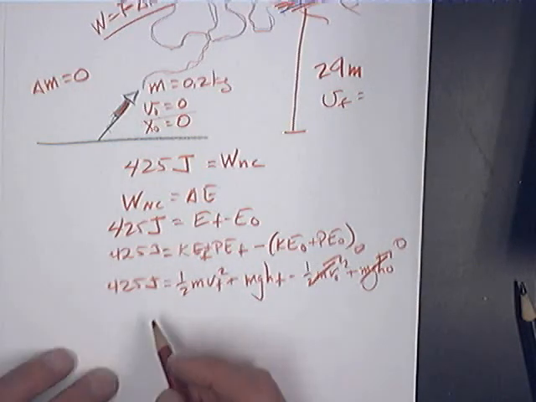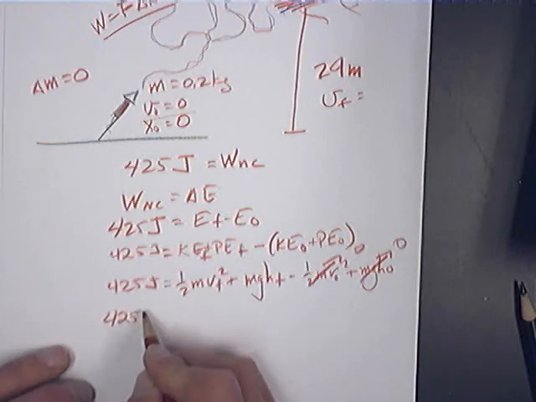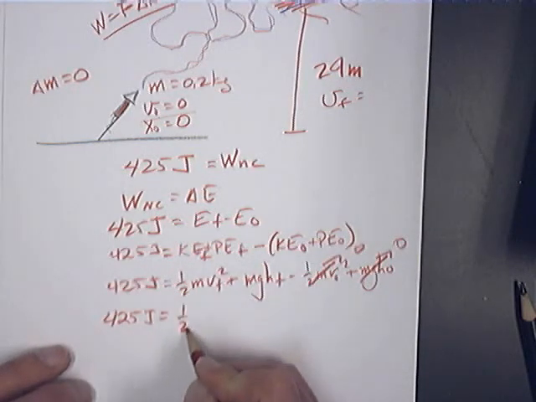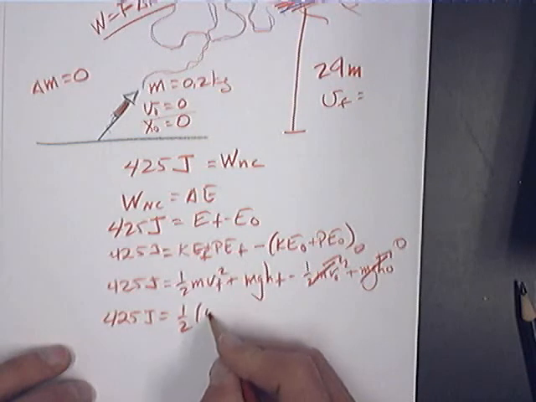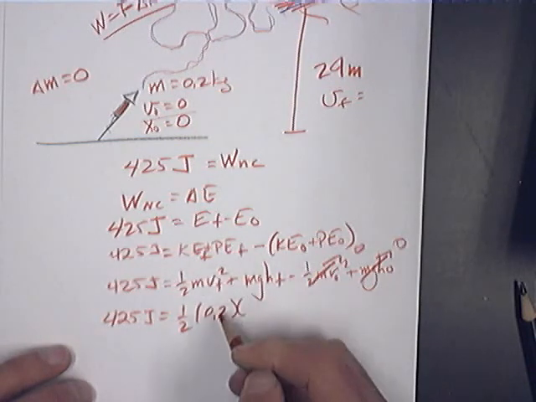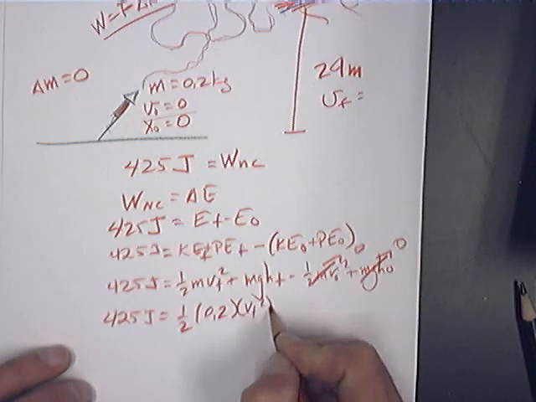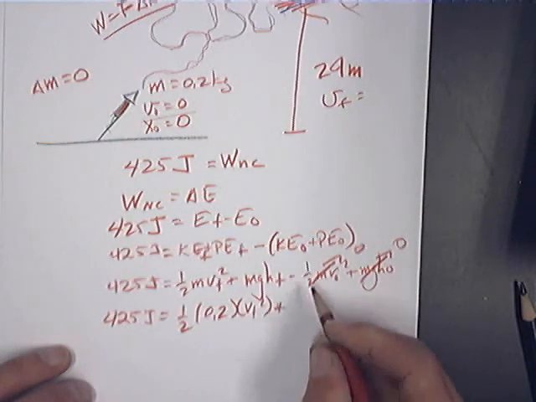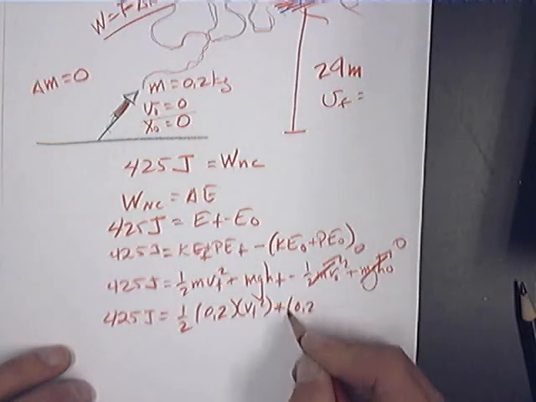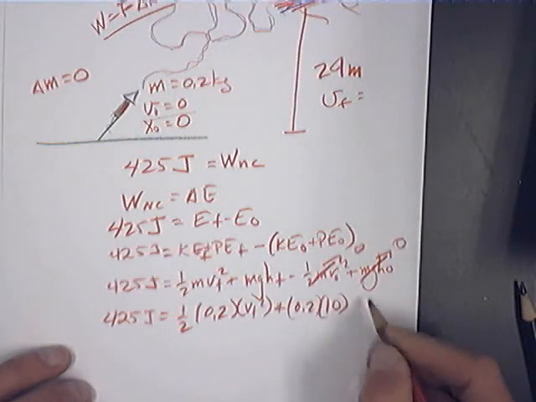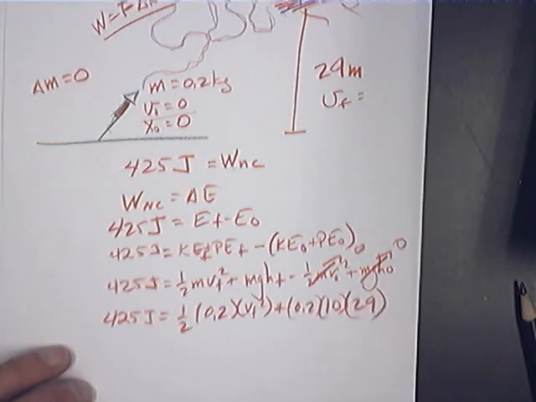What do we end up getting? 425 joules equals 1/2 times 0.2 kilograms times my V final squared, which is what I don't know, plus m, which is 0.2, times g, which is 10, times h final, which is 29 meters.